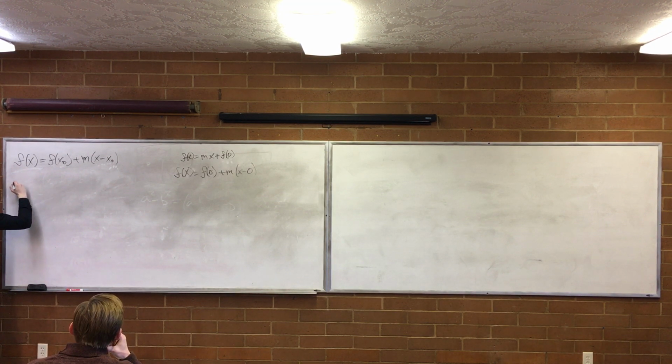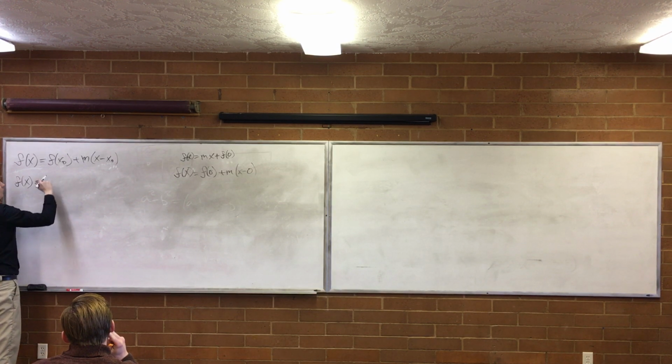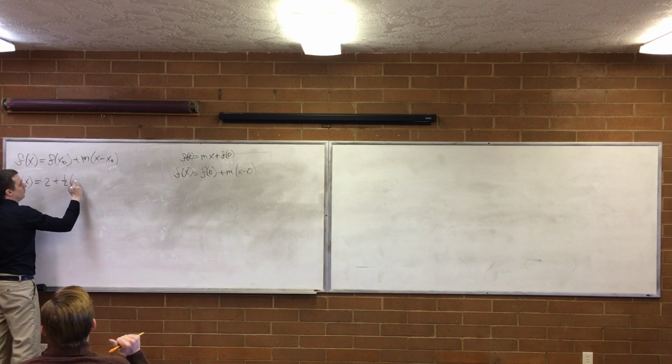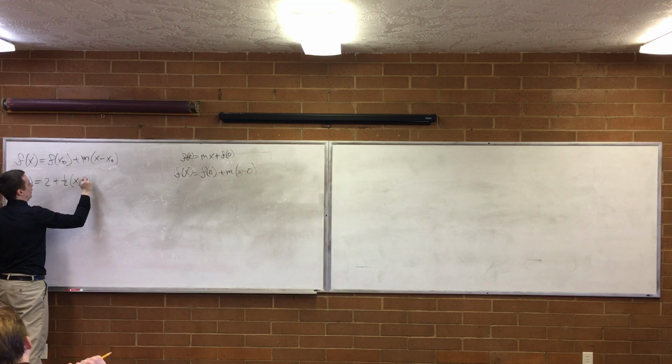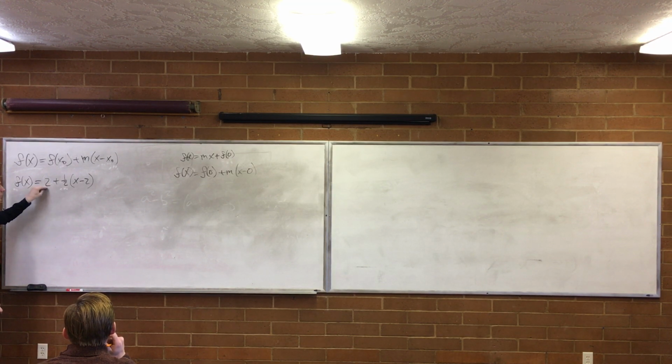Let's say that f of x is equal to 2 plus 1/2 times x minus 2. What am I saying? I'm saying that this is a function with a slope of 1/2 that goes through the point 2, 2.